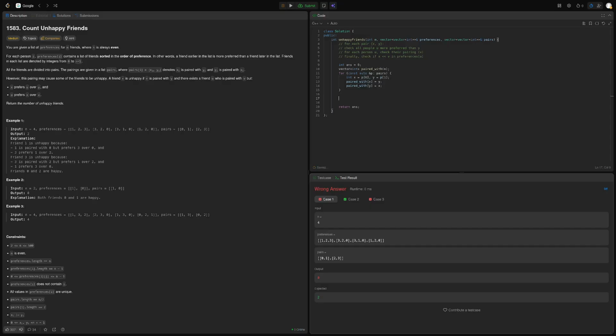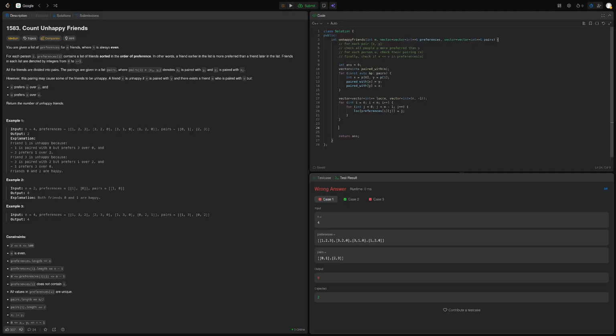And then vector int location, where location of preferences[i][j] is j, that's fair.